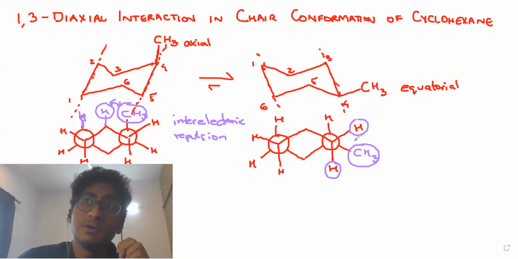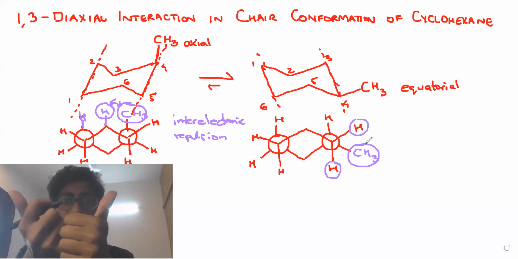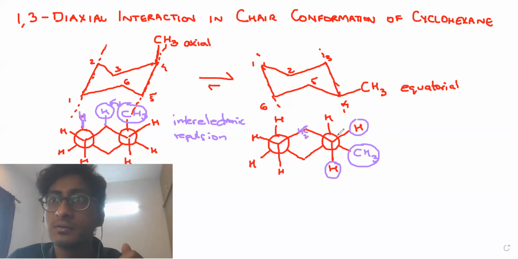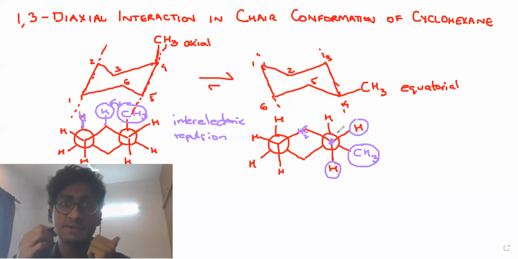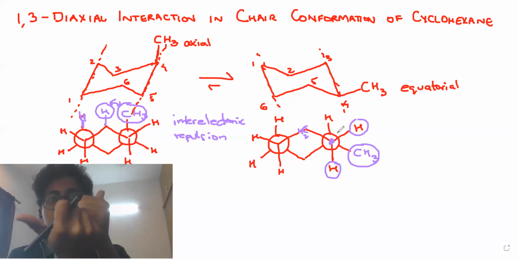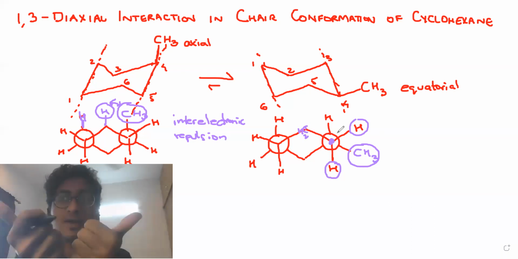But remember, these bonds are away from the system, meaning the three bonds, hydrogen and this methylene group here for carbon 4, is coming towards us. So when you look at both the methyl and the hydrogen, which are showing gauche interaction, they are pointing away.